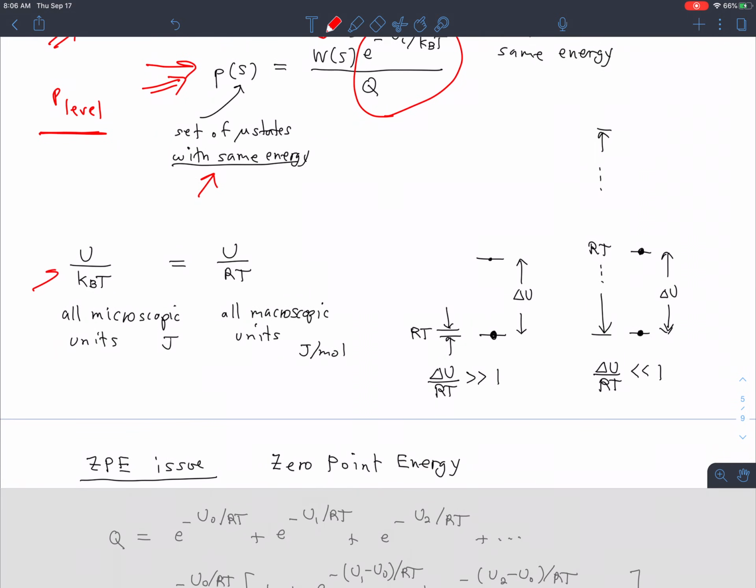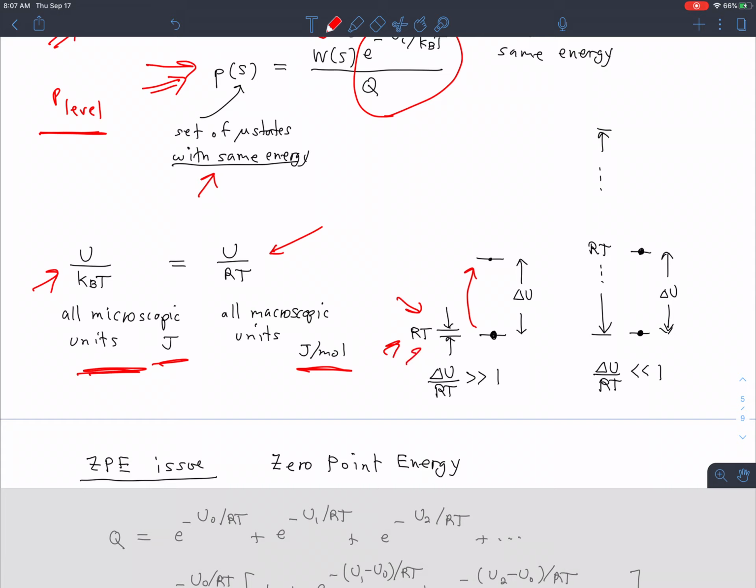Remember also that this quantity U divided by kBT in microscopic units can also be written as U over RT if everything is in macroscopic units, joules per mole rather than joules. And remember that the quantity RT or kBT, depending on which one you want to use, controls how easy it is for the system to make a transition from a lower energy state up to an upper state, because that represents the amount of energy, or how easy it is to extract energy from the surroundings.